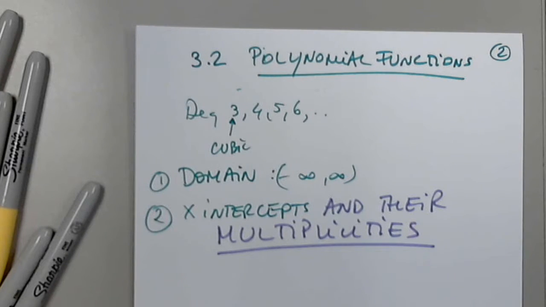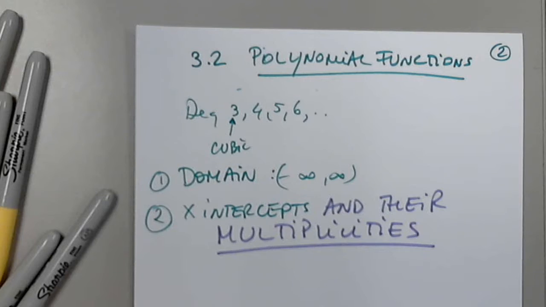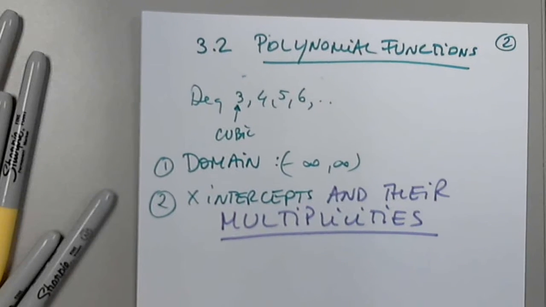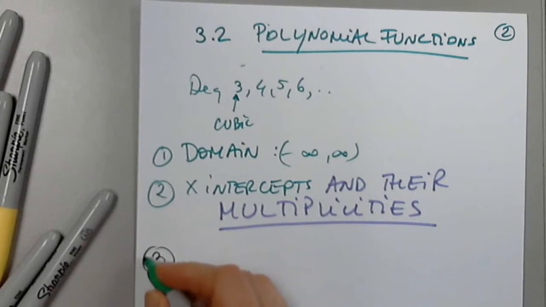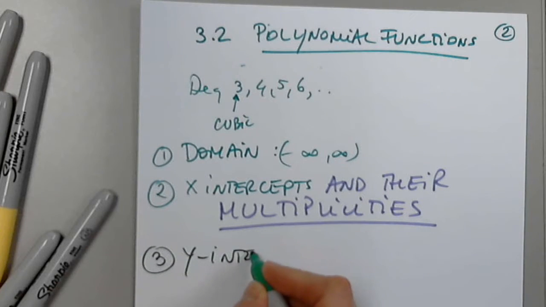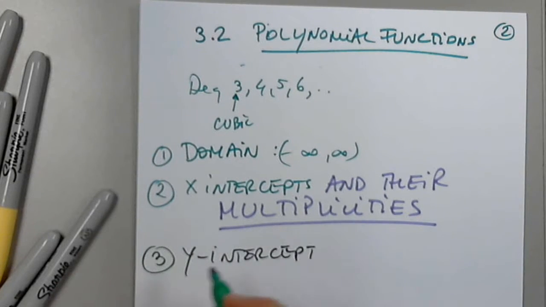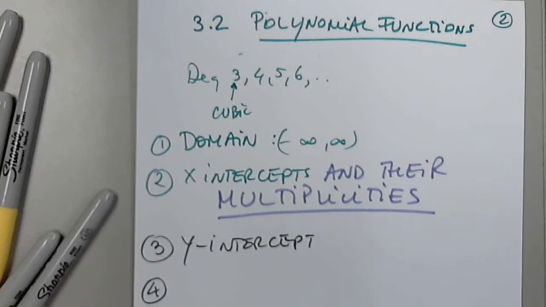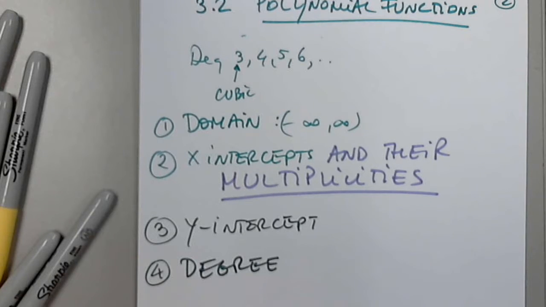Step number 3. Not necessarily in this order, but domain should be the first, always. Step number 3, y-intercept. Step number 4, degree. Very important to identify.